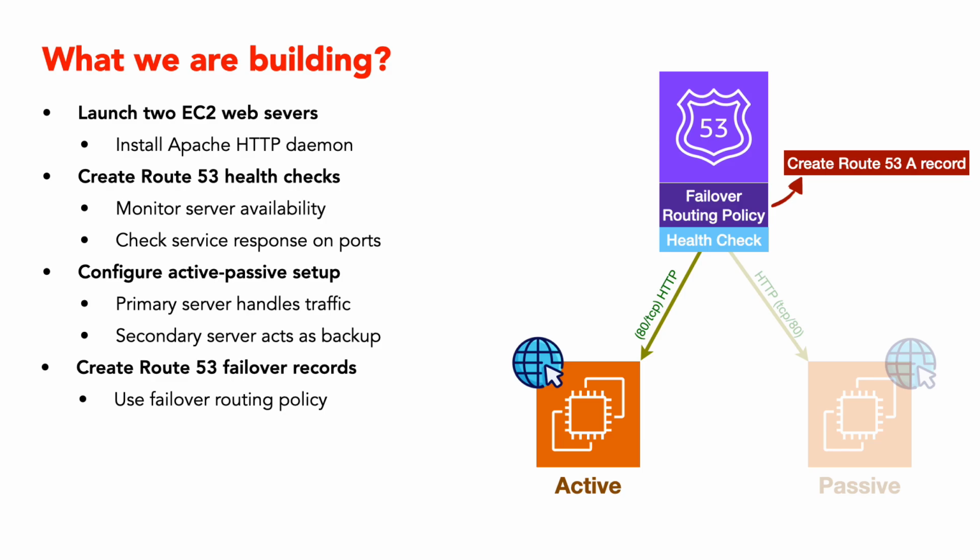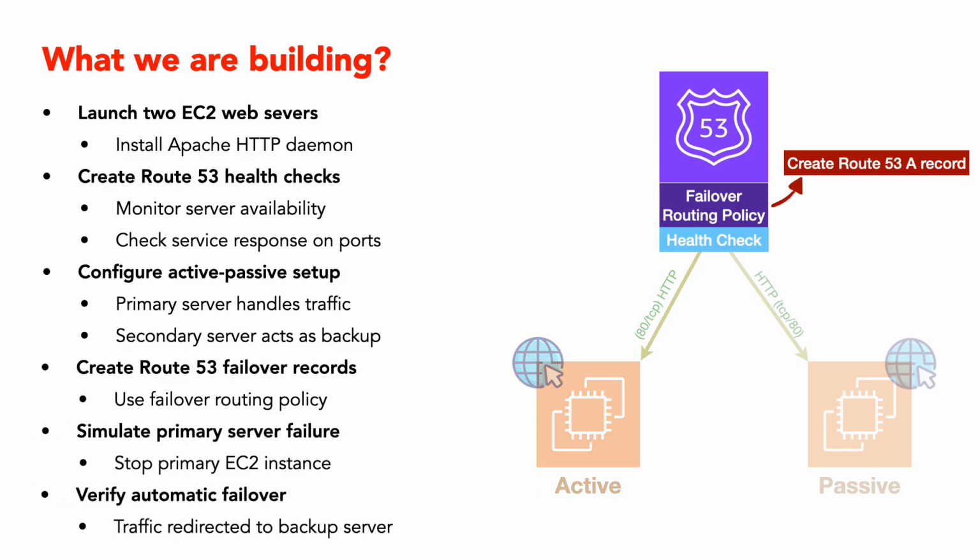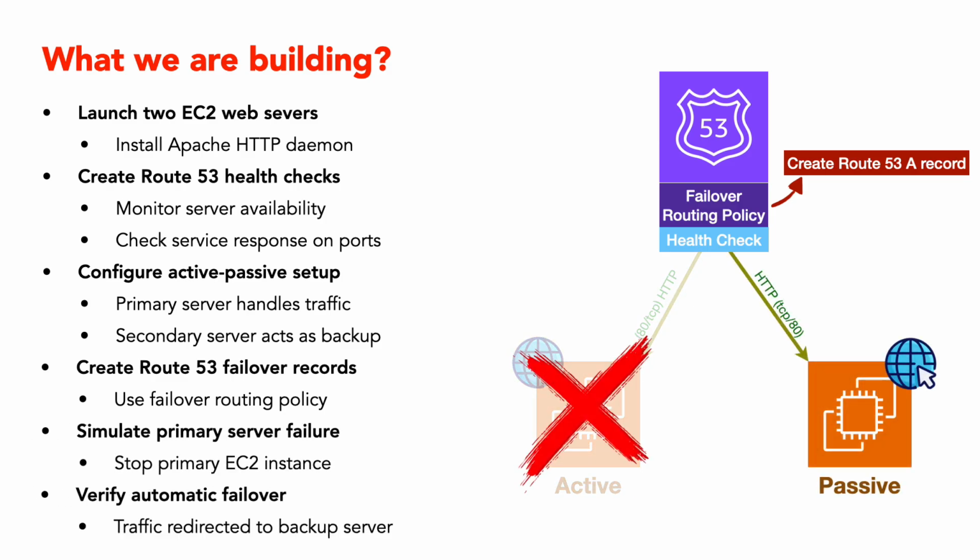And finally, we'll simulate a failure by stopping the primary EC2 instance and see if Route 53 automatically redirects traffic to the backup server. So basically, if the primary server becomes unavailable, Route 53 should detect that through the health check and start sending the traffic to the second instance. Alright, if you'd like to follow along, let's jump into the AWS console and get started.